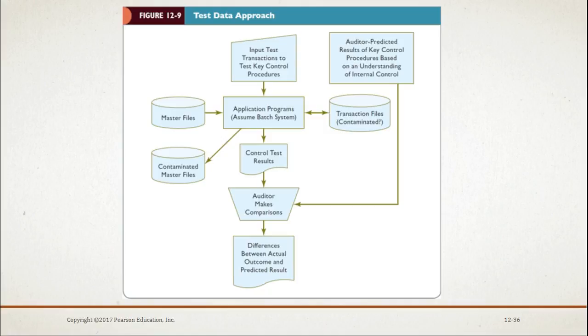First, the test data should include all relevant conditions that the auditor wants tested. The application programs tested by auditors' test data must be the same as those that the client used throughout the year. And lastly, the test data must be eliminated from the client's records. You can find Figure 12-9 on page 388 of your textbook.